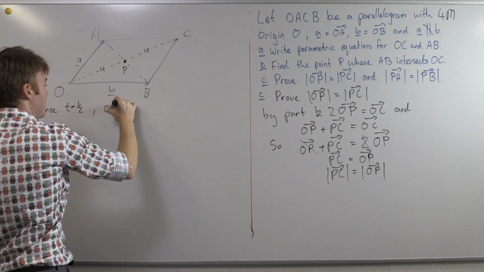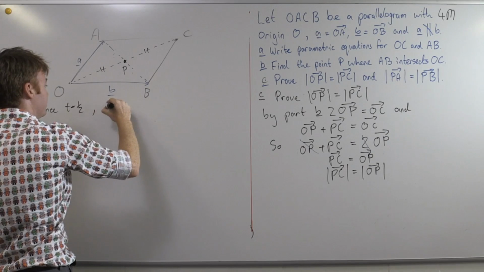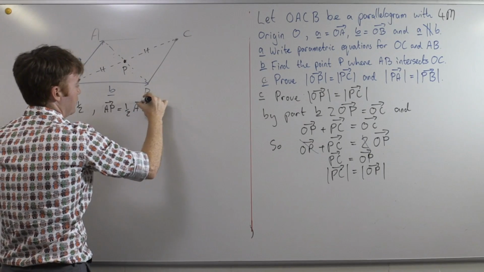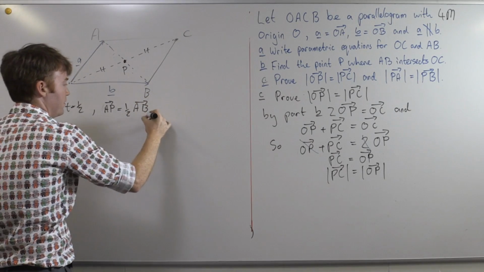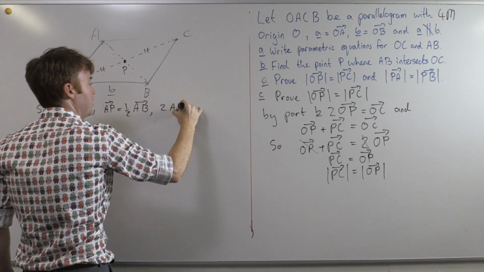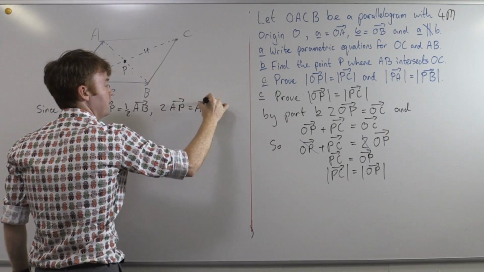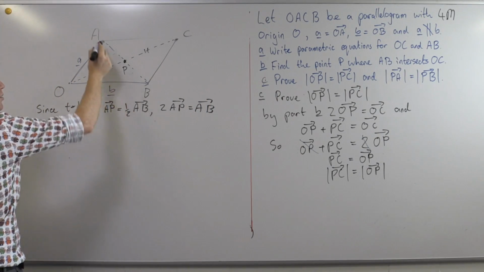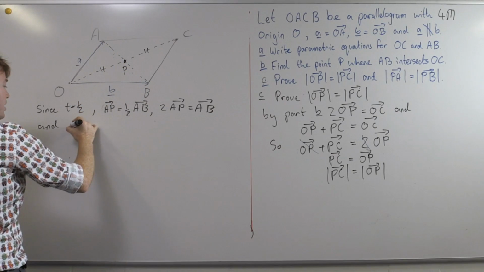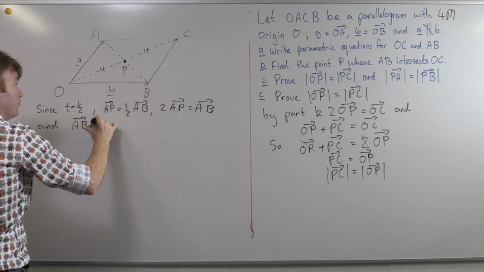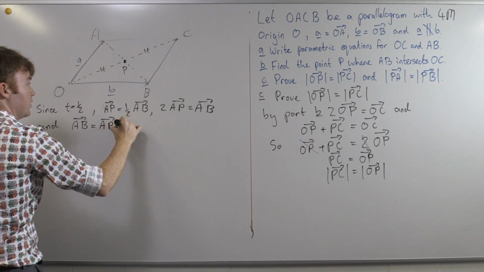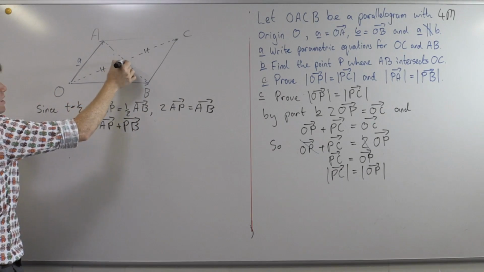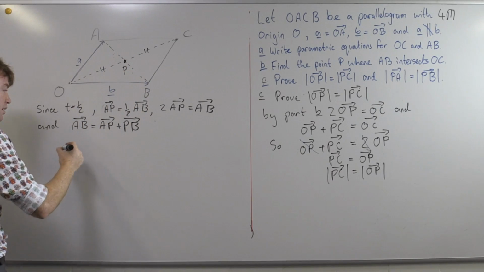So AP was just half of AB, which again means that 2AP equals AB, and I know that AP plus PB is equal to AB. So to get from A to B, I can go first from A to P and then from P to B. And that's true again for any point P.